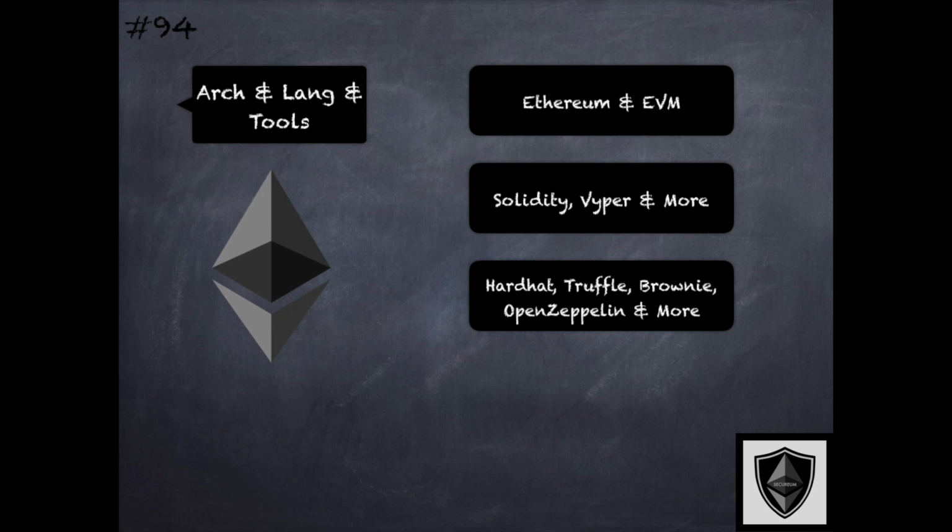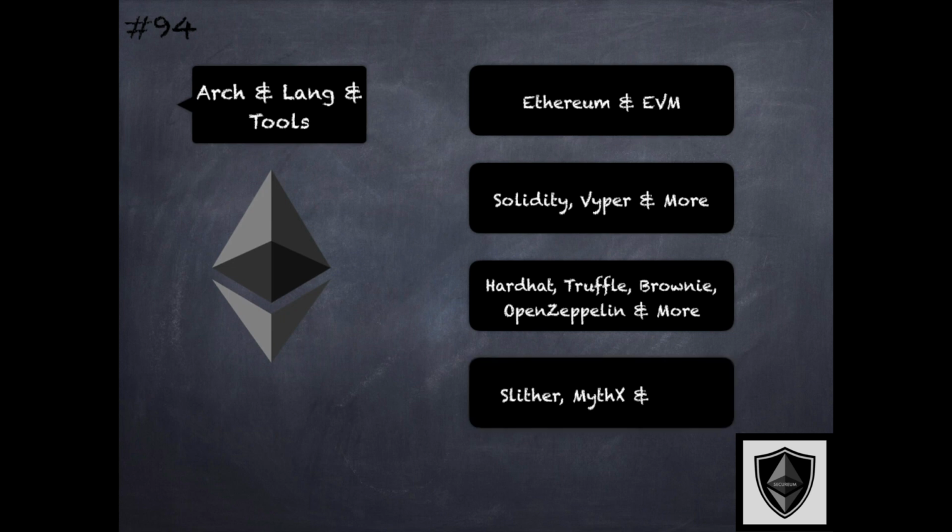And then if you look at the developer tool chain, that is really critical to building, deploying, monitoring applications on Ethereum, Hardhat, Truffle, Brownie, OpenZeppelin libraries, all these are barely 3 to 4 years old, right? So compare that, it's an order of magnitude of difference between the Web2 world and the Web3 world. 30 to 40 years versus 3 to 4 years.